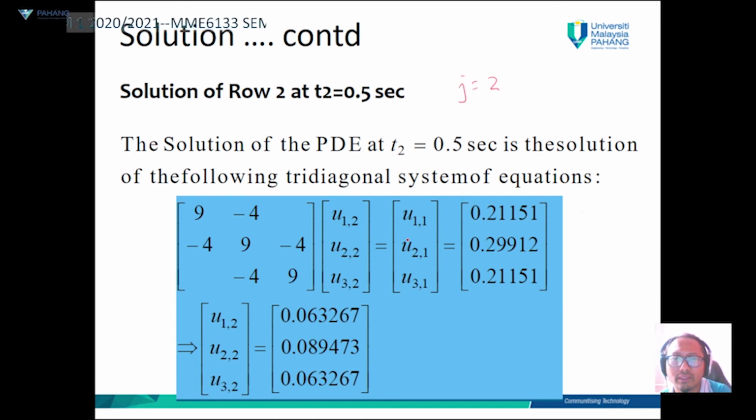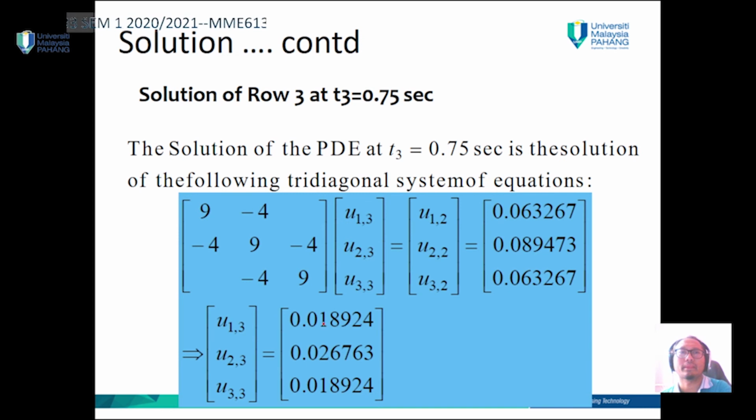We use matrix, inverting the matrix and multiplying by the values of the equation. We should get the values of the nodes u12, u22 and u32 as shown here.